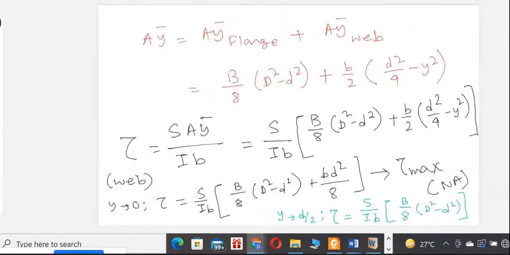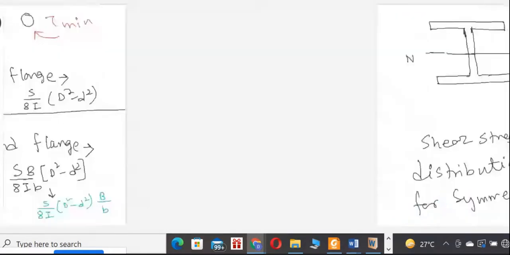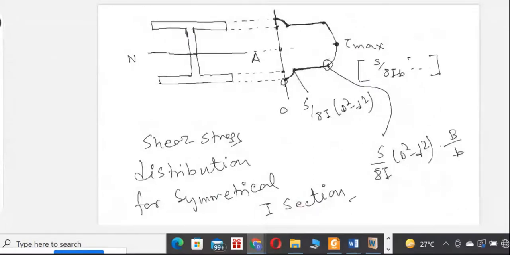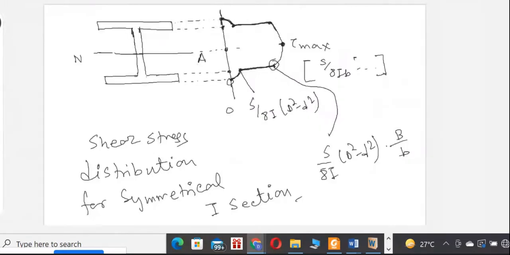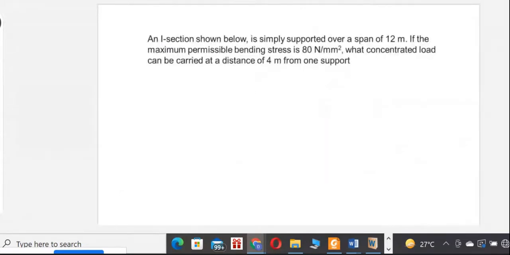I hope you have written everything along with me. If there is any difficulty, please ask. Okay, then we are going for the next part, which is basically a bending stress problem. Actually, I should not write this this way because in the exam all questions will come together.